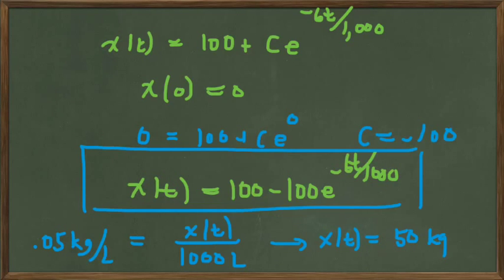And so if we go on to the next blackboard to solve for what time the concentration will equal 0.05 kilograms per liter, we just solve 50 equals 100 minus 100 e to the minus 6t over 1,000.